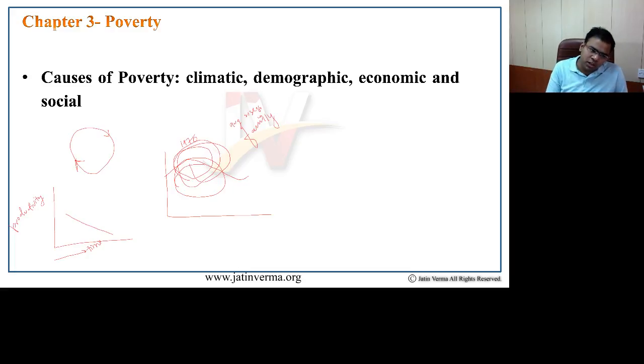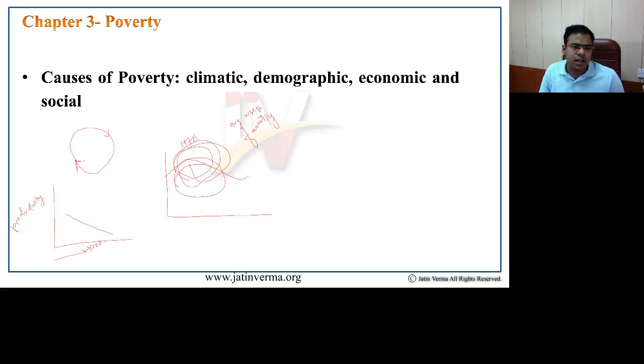Apart from that, lack of education also becomes one of the important social causes of poverty. I would like to mention the quote of Nelson Mandela here. Nelson Mandela, who was the president of South Africa, has famously said that education is the most powerful weapon in the world when it comes to its effectiveness in poverty alleviation.